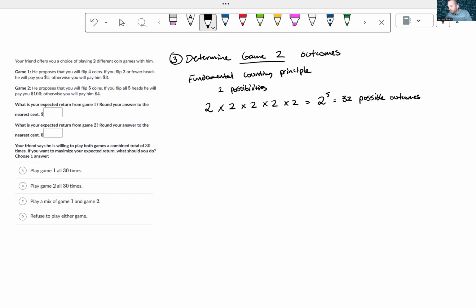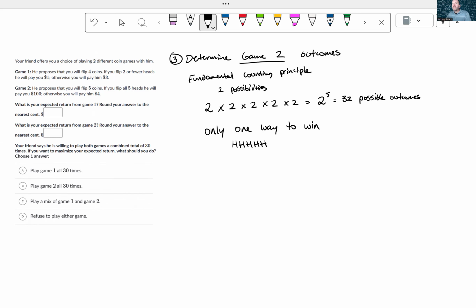Otherwise, you lose $4. So there's only one way to win. To win is if you did heads, heads, heads, heads, and heads. That's the only way to win.